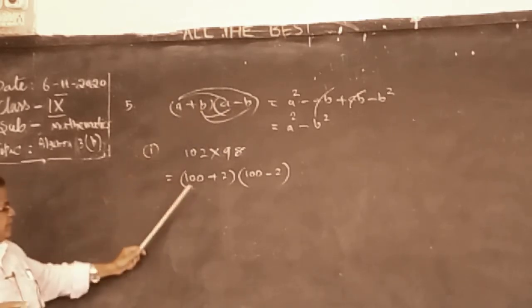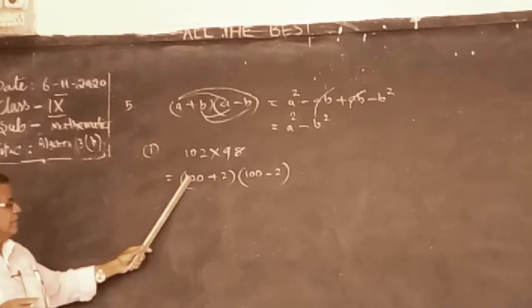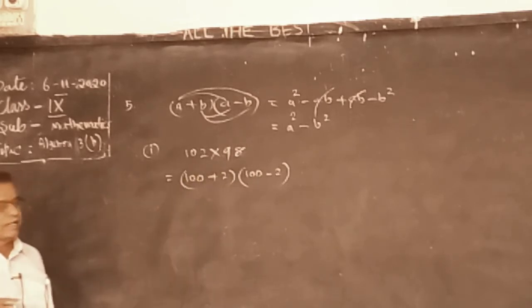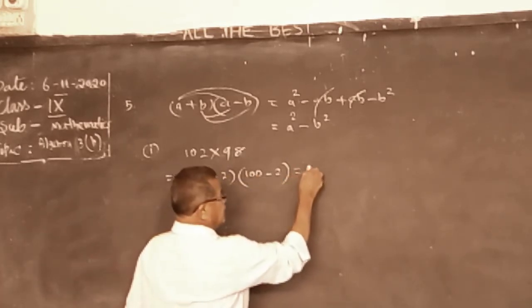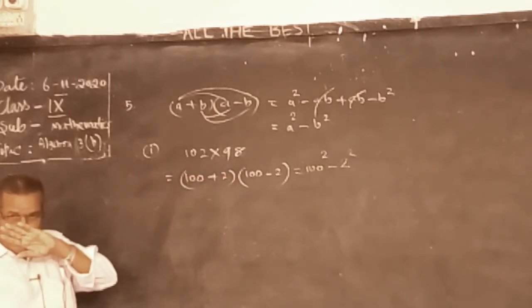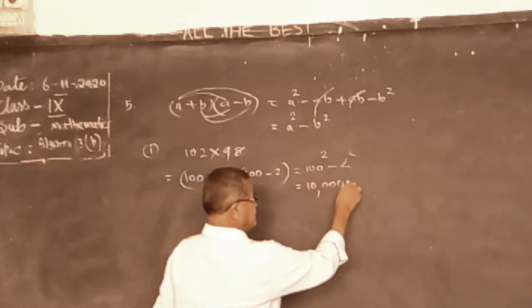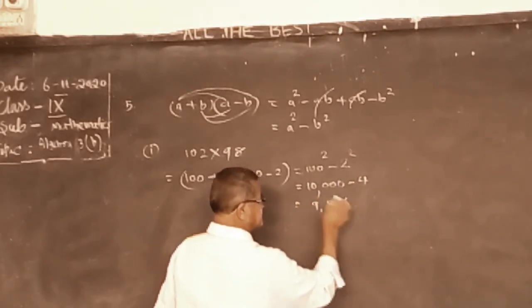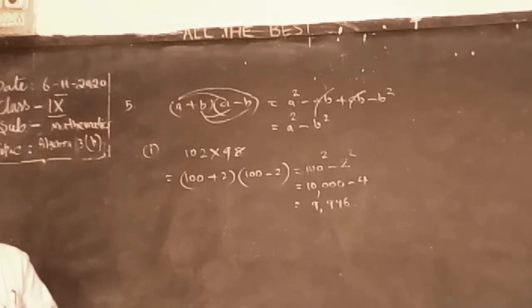Here in place of a there is 100, in place of b there is 2. The same numbers with different signs, plus and minus, and the product of these two is a squared minus b squared. So this is 10,000 minus 4, which is 9,996. Within seconds we can do it by applying the formula.